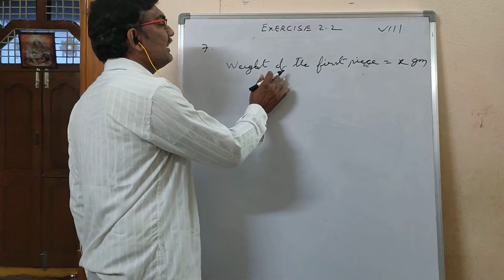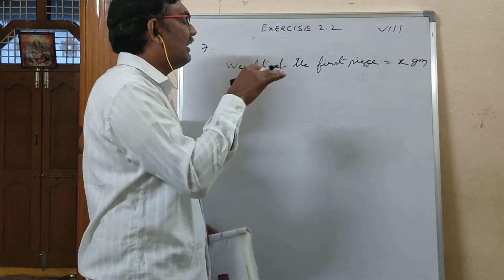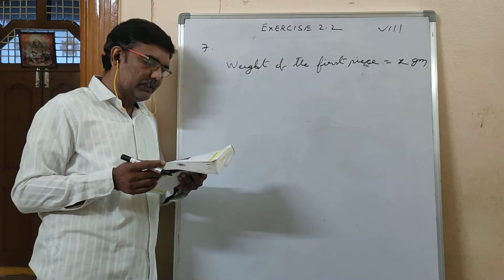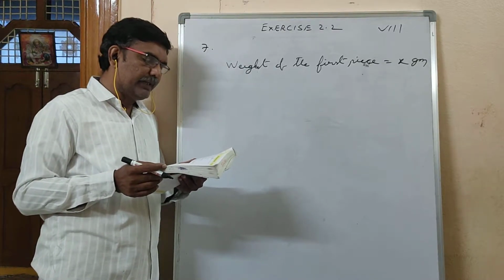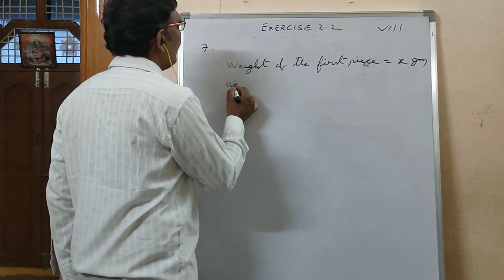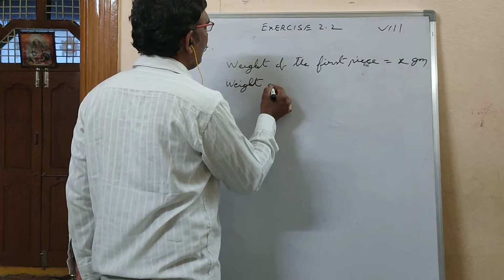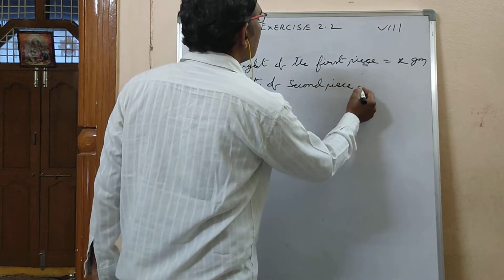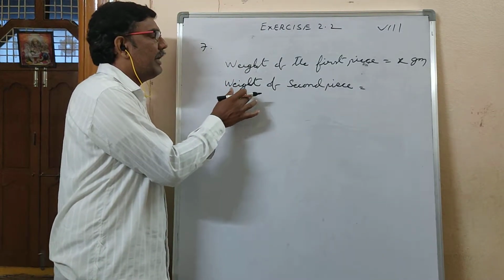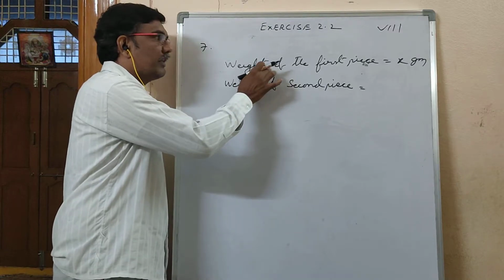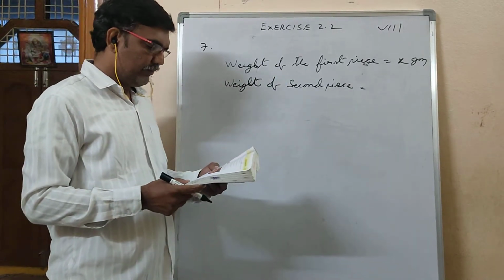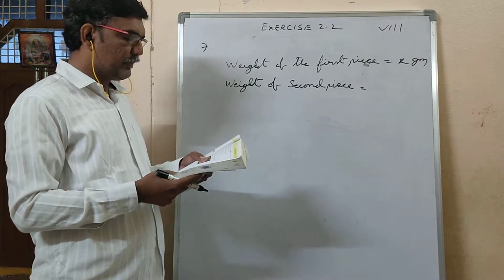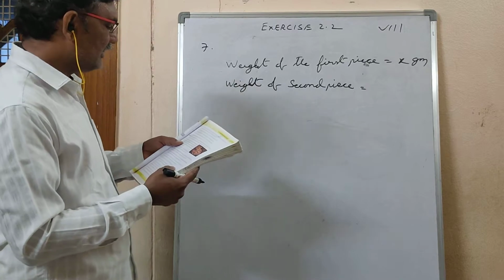So the weight of the first piece is 7 grams lesser than the second piece. Weight of the second piece: he compared the weight of the second with the weight of the first piece, and found that the first piece was 7 grams lighter than the second piece.